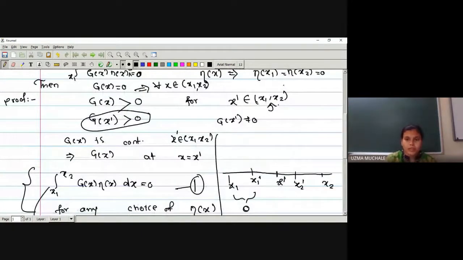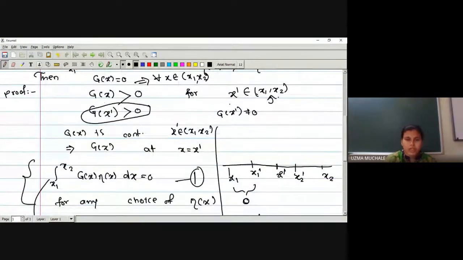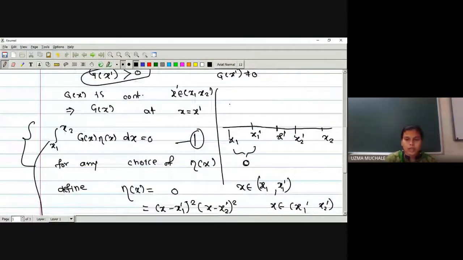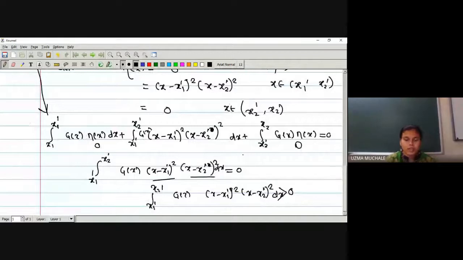So in the interval x1 to x2, we have a point at which g of x is greater than 0. Both these terms are greater than 0, being squares, and g of x is obviously greater than 0 in x1 dash to x2 dash, because x dash belongs to x1 dash to x2 dash. Is it okay? g of x greater than 0 is the assumption, and both these terms are greater than 0. So the resultant term will obviously be greater than 0.